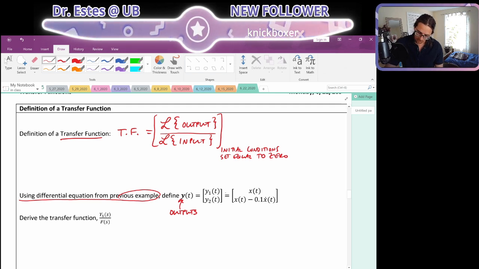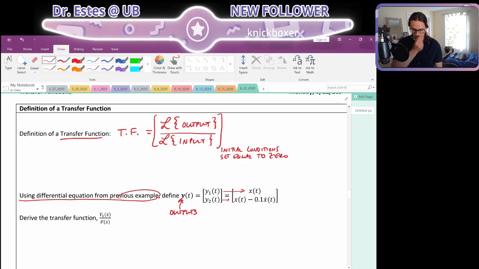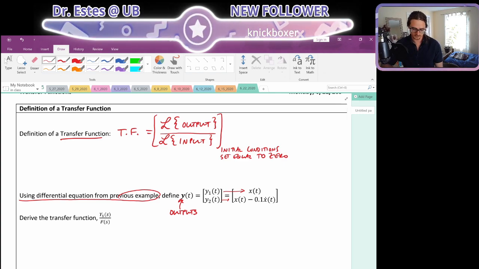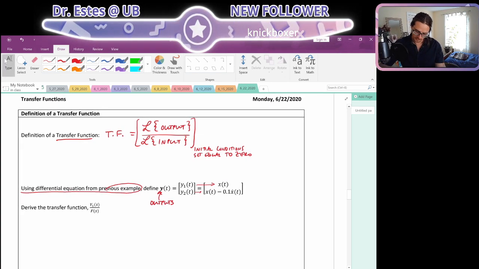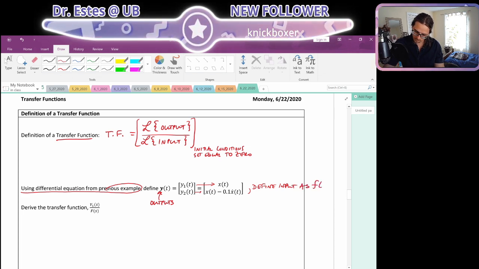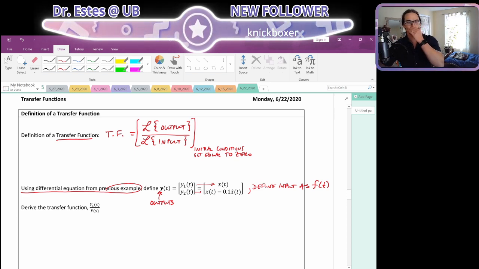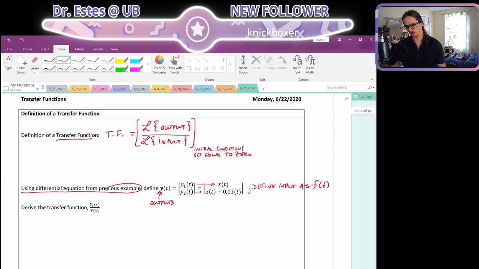The first output is x of t, and the second output is x of t minus 0.1 x dot of t. And define the input as f of t. That was just our right-hand side term for this differential equation.